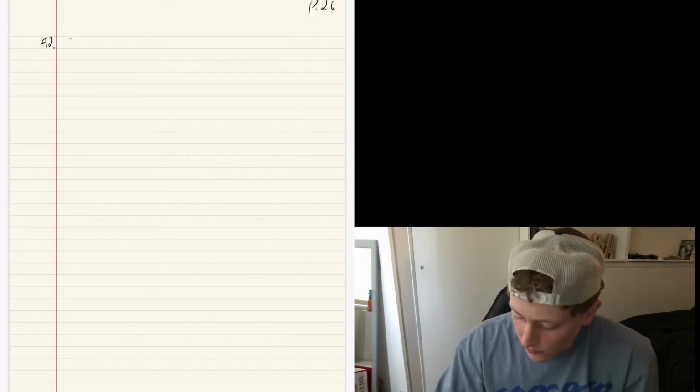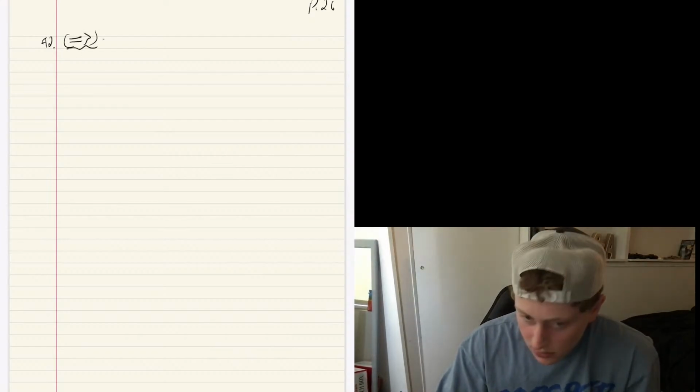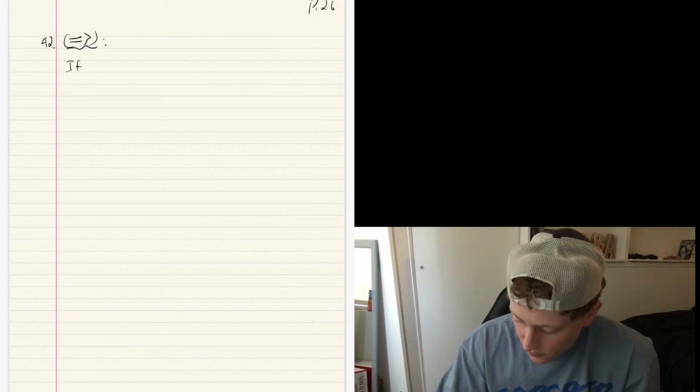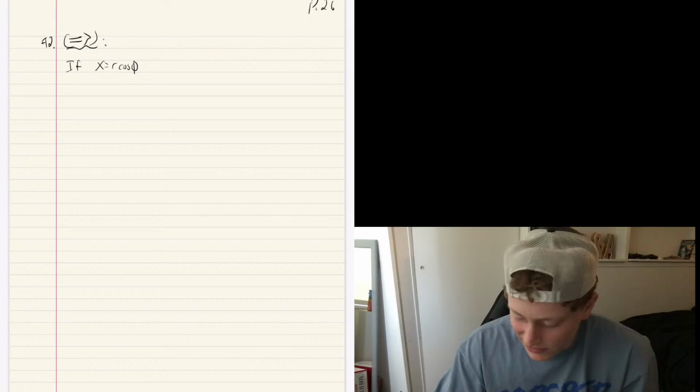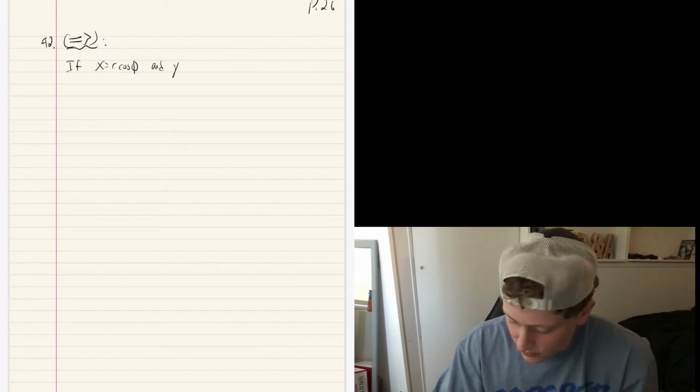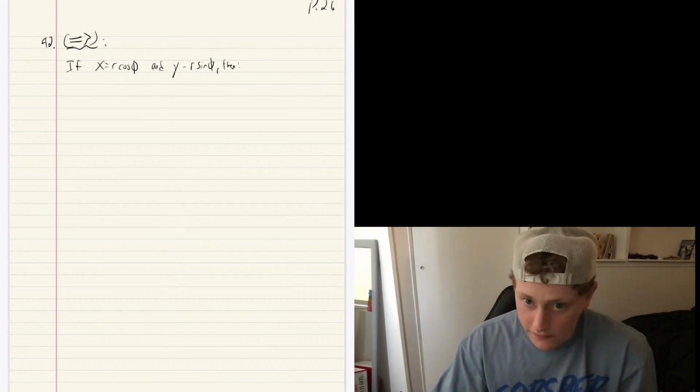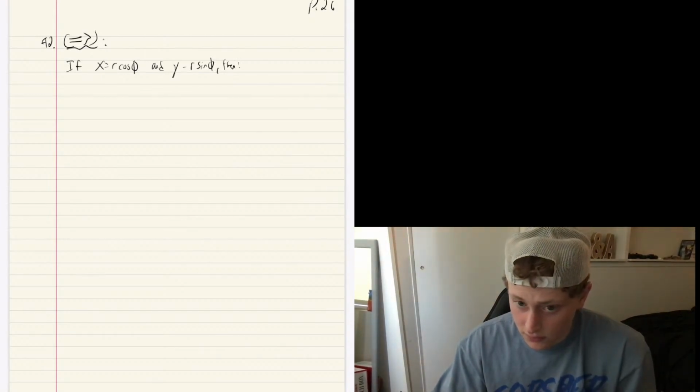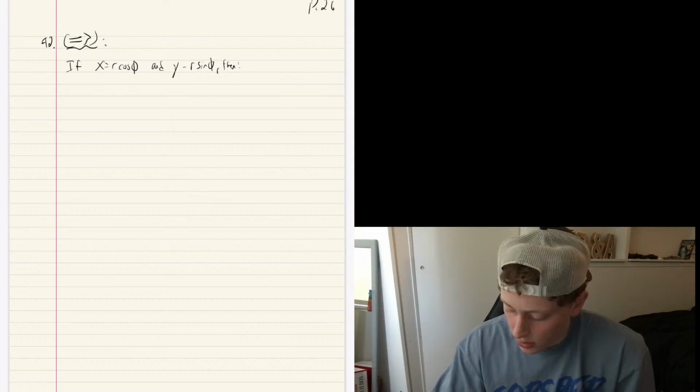Alright, so we're going to prove the forward way first. If x equals r cosine phi, also why are they using phi? But whatever. Well, we could just square them.